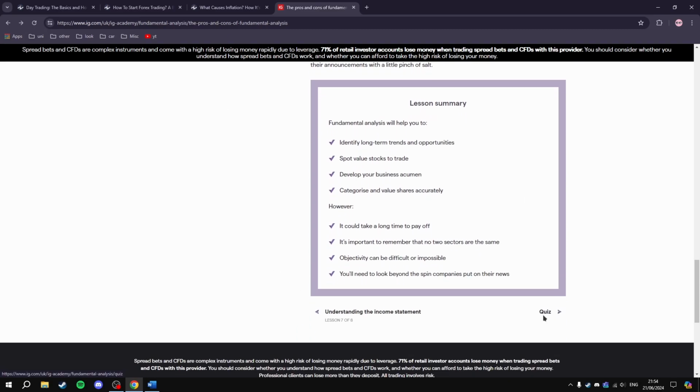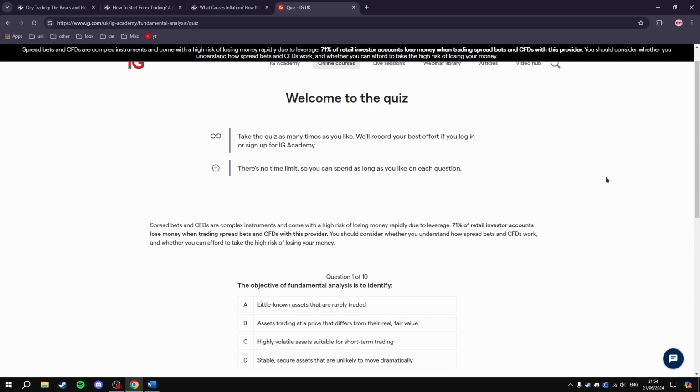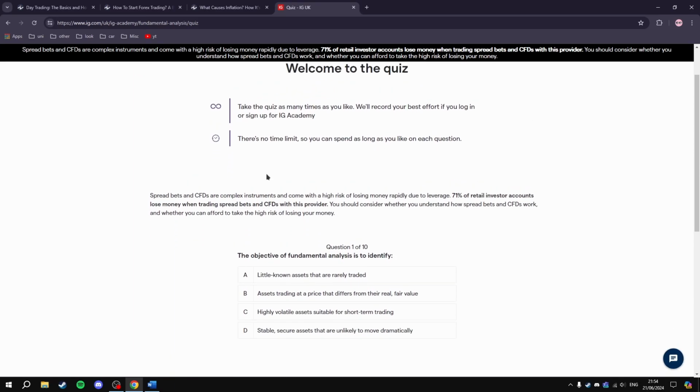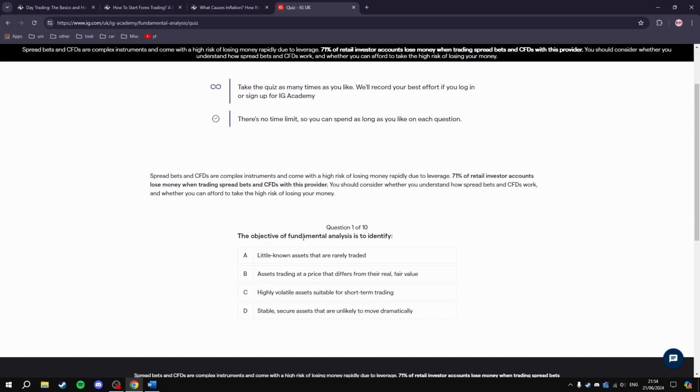We left off with the quiz last time, which we're going to start off with doing. The objective of fundamental analysis is to identify: little known assets that are rarely traded, assets trading at a price that differs from their real fair value, highly volatile assets suitable for short-term trading, or stable secure assets unlikely to move dramatically.